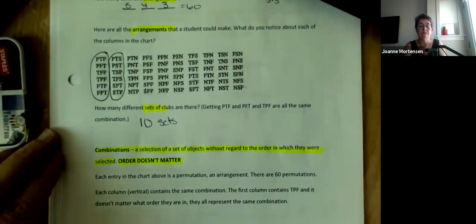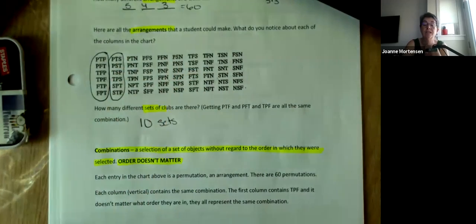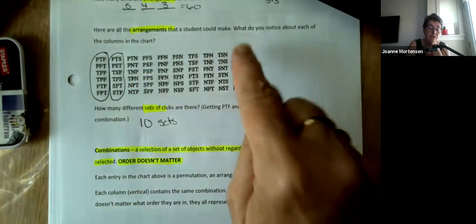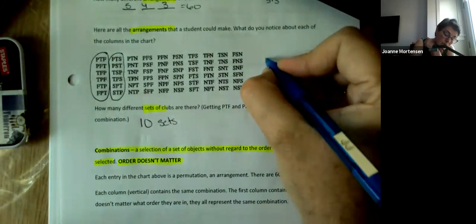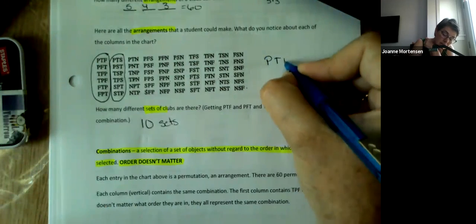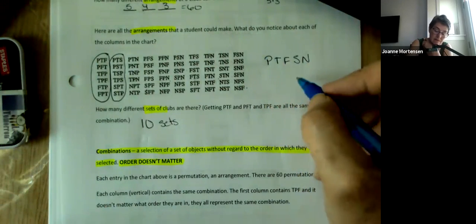Okay, so talking about these 60, there's 60 different arrangements there. Those are all permutations. There's 60 different ways that you can arrange 3 out of F, S, and N. Right?